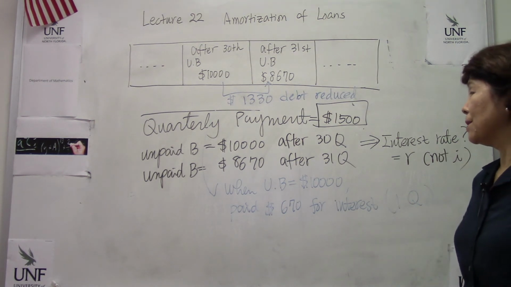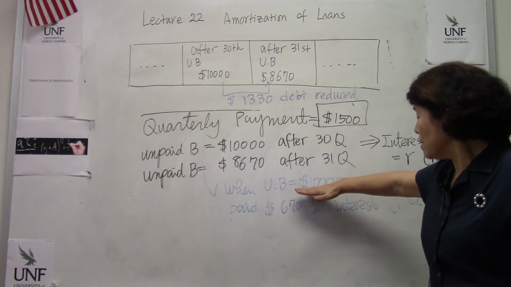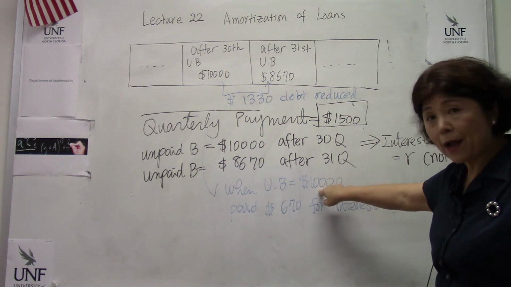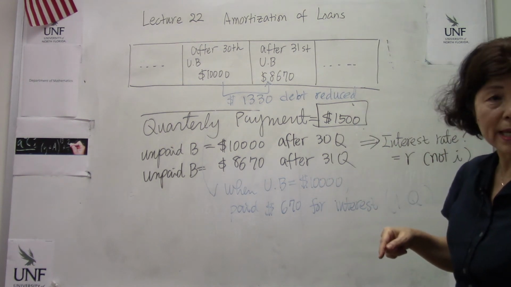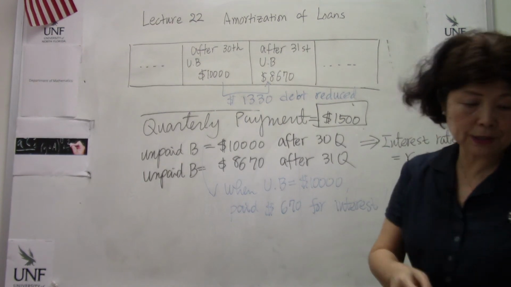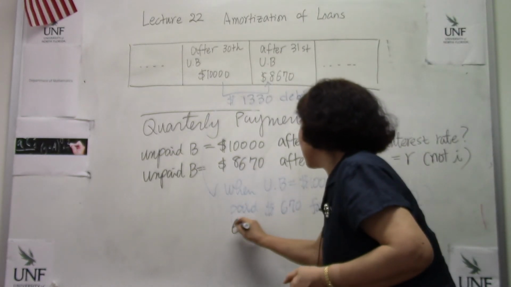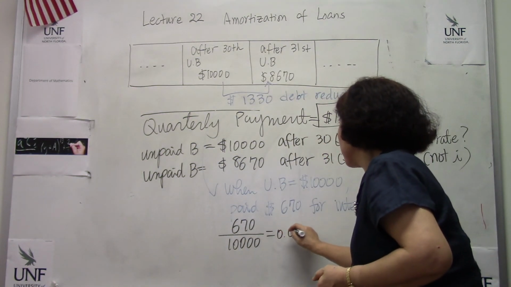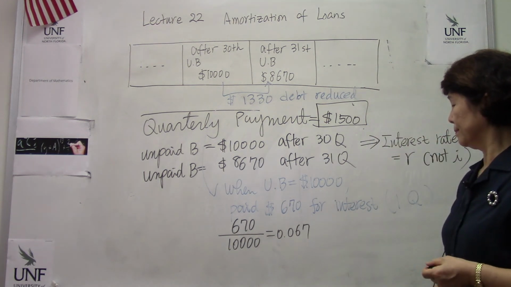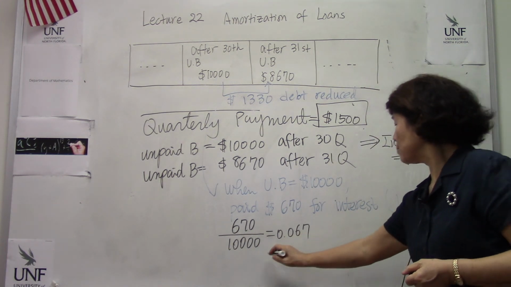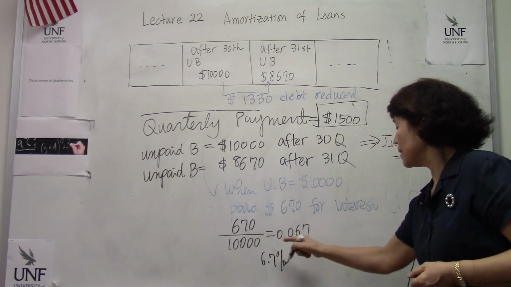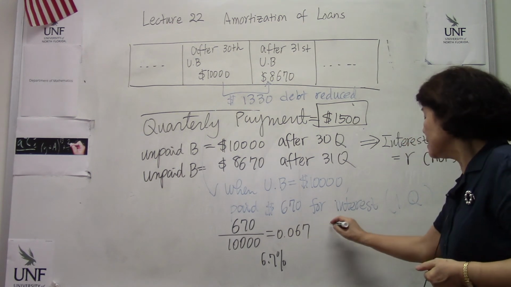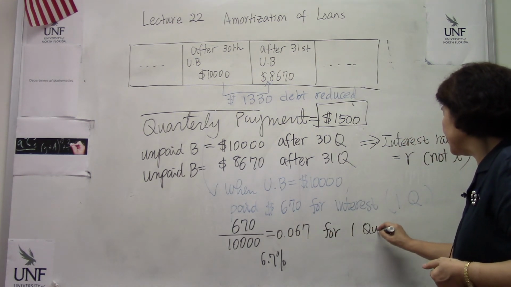So now you get the concept of, well, so that means your $670 interest was on this balance of $10,000. So what is the rate you paid? Oh, of course, the rate is going to be 670 over 10,000, which is 0.067. Okay, so this is a 6.7%, but the rate for the decimal is 0.067. This is just for 1 quarter.